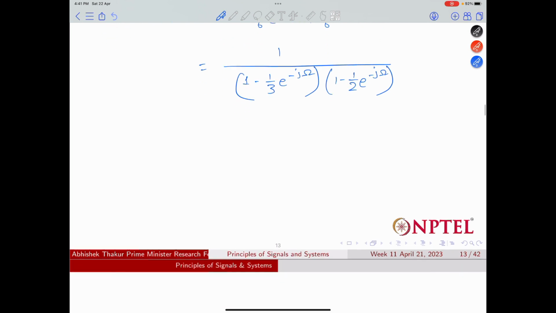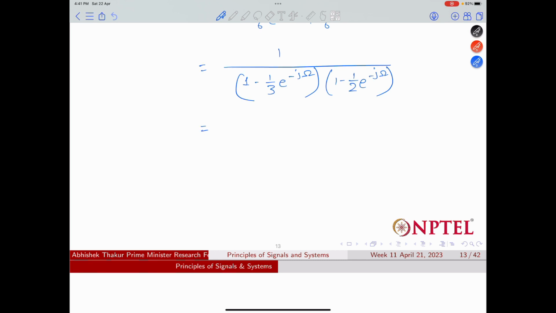After that, we have to separate this into fractional parts. So you can take A by 1 minus 1/2 e to the power of minus j omega plus B by 1 minus 1/3 e to the power of minus j omega.